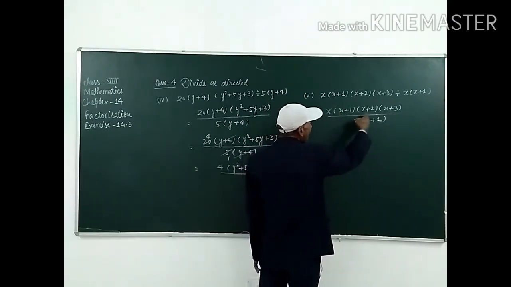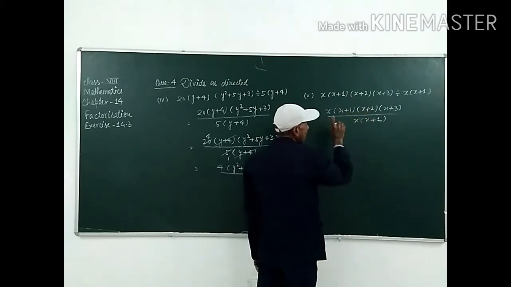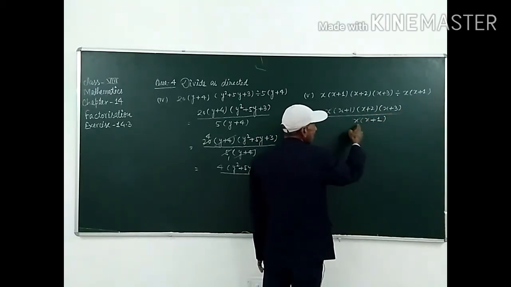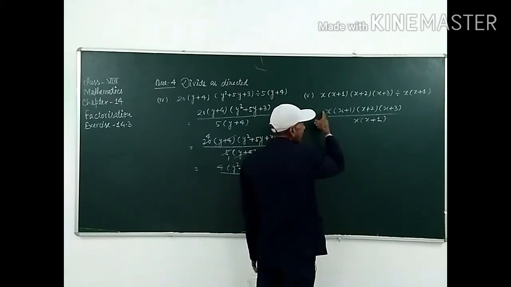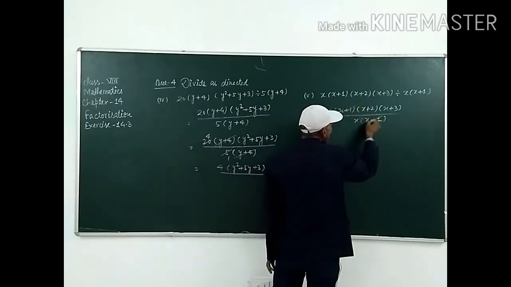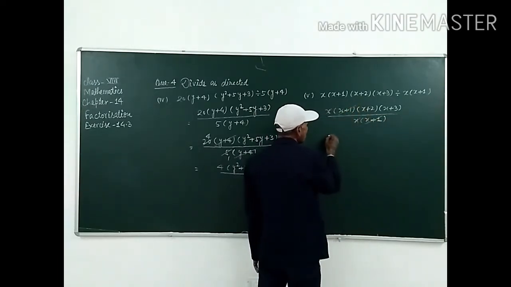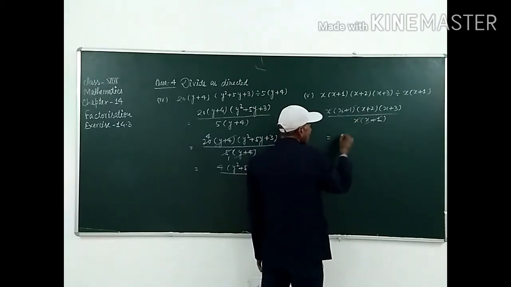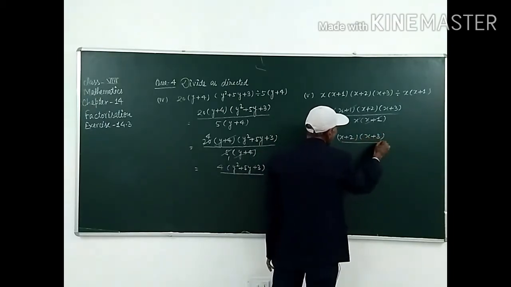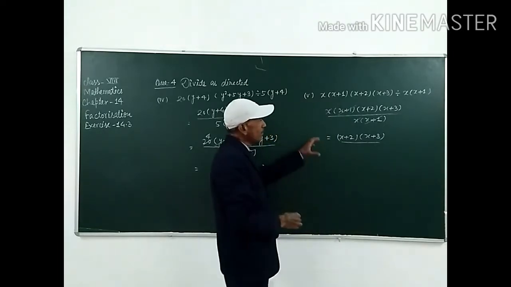Students, in all terms there is a sign of multiplication, that is x into x plus 1 into x plus 2 into x plus 3 and this denominator is x into x plus 1. So x is divided by this x and x plus 1 is also divided by this x plus 1. So the remaining part will be x plus 2 into x plus 3. This is the answer of the fifth part of this question, student.